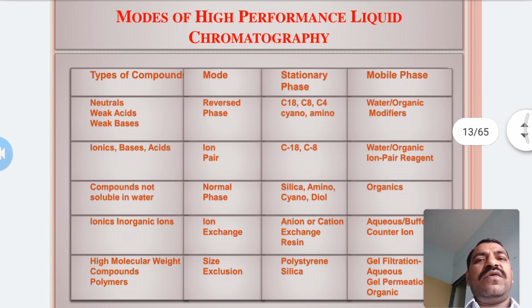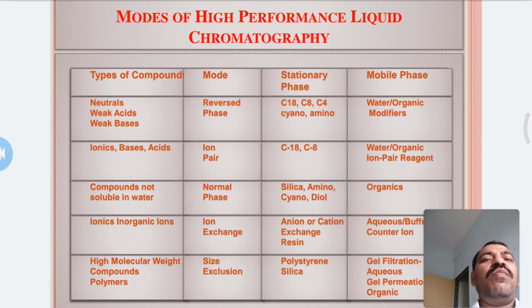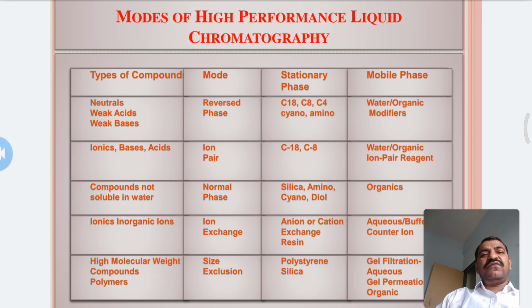Here we discuss the modes of high performance liquid chromatography. The mode of HPLC depends on the types of components. Many different types of components need different modes. The first type is neutral components, weak acids and weak bases.